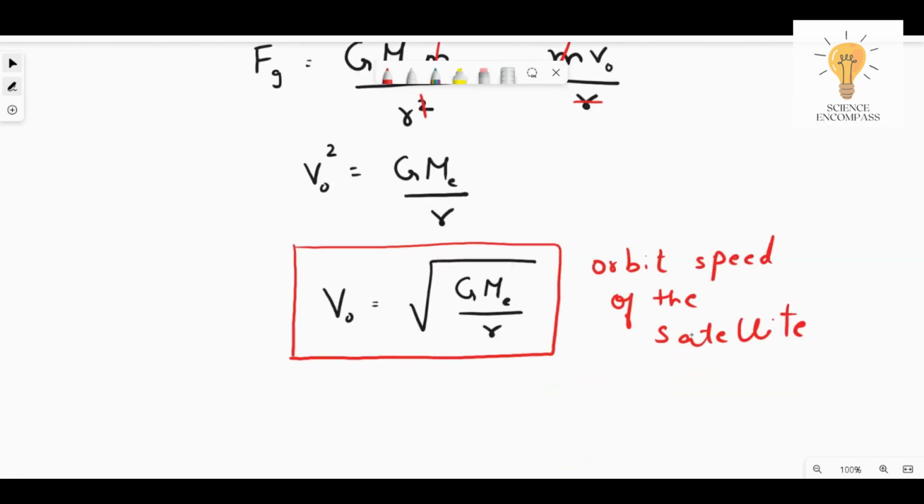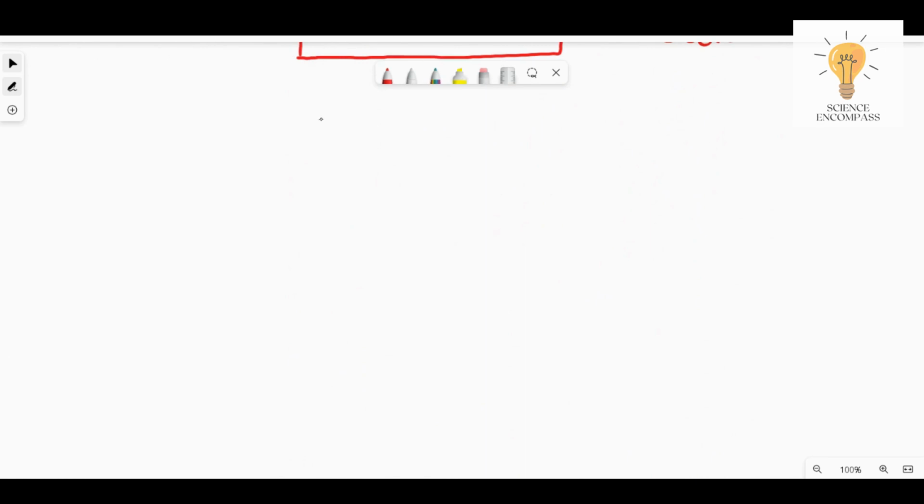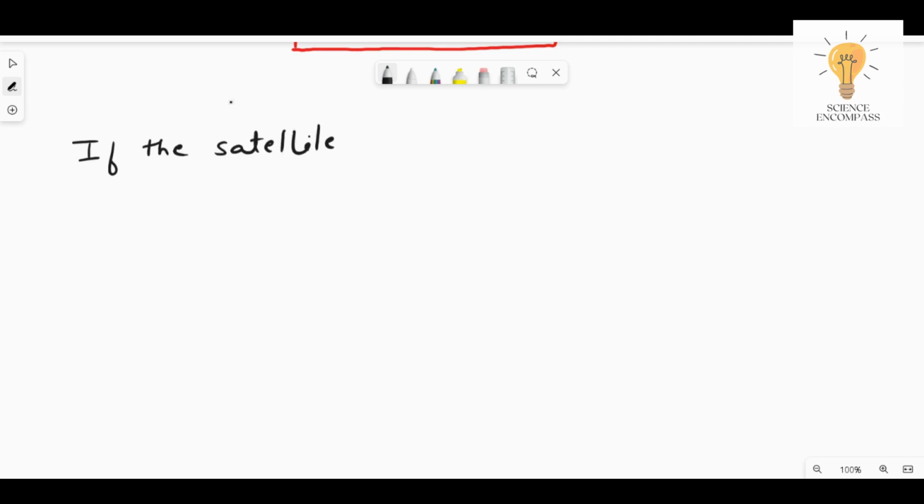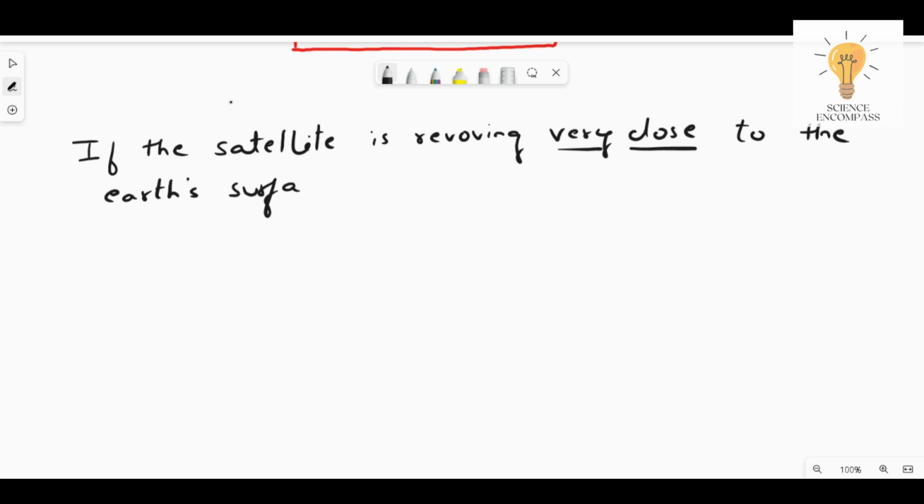Okay, so now going back over here, now the question is, if the satellite is revolving very close to the Earth's surface, then what would be the distance?